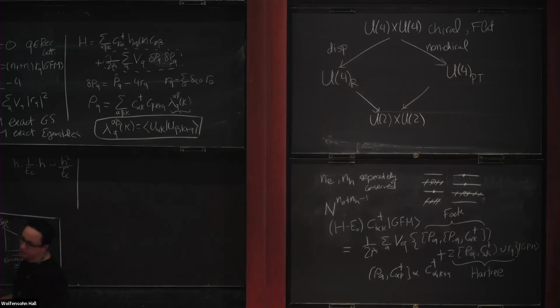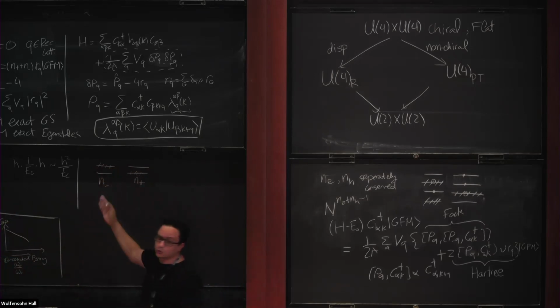So I assume, for example, I completely polarize the spin, and one of the spin species is out of the picture. So I have now a system that looks like this. And if I'm at half filling and in a Chern 0 state, so I'm filling one state here, another state here, this describes basically two quantum Hall ferromagnets.